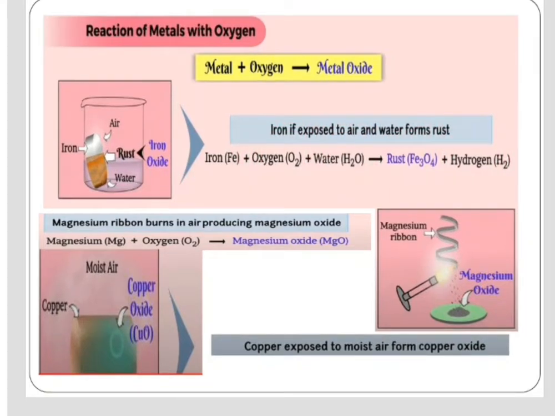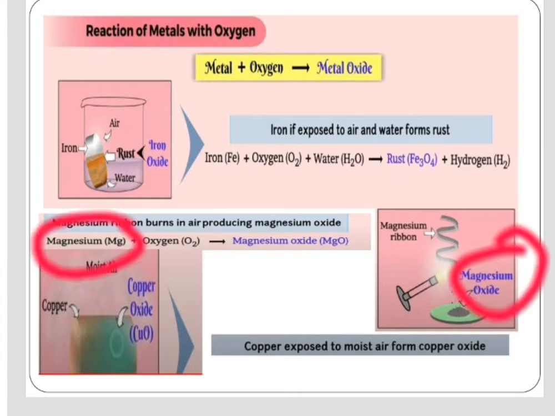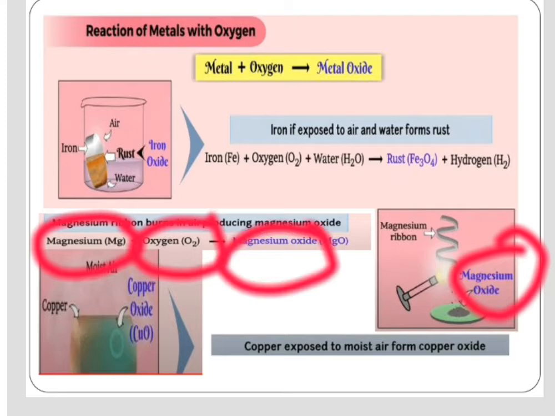And second example of magnesium ribbon burns in air, producing magnesium oxide. Magnesium reacts with oxygen to form magnesium oxide.